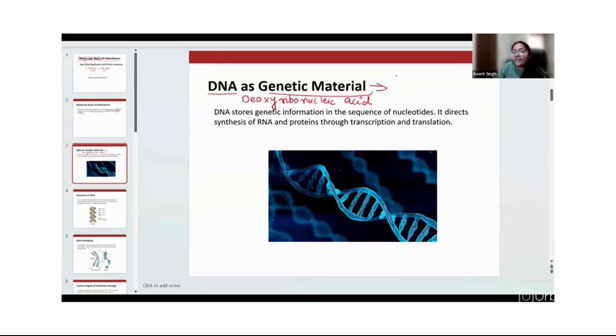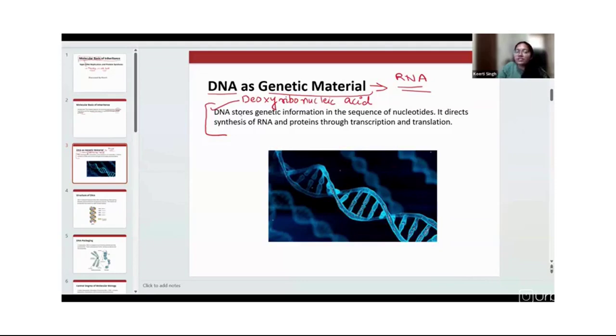Some organisms may have RNA as genetic material, that is ribonucleic acid. But in this chapter, we are concerned with our system, so we are going to study how DNA is replicated, how DNA is transcribed, and how ultimately the protein synthesis is taking place.